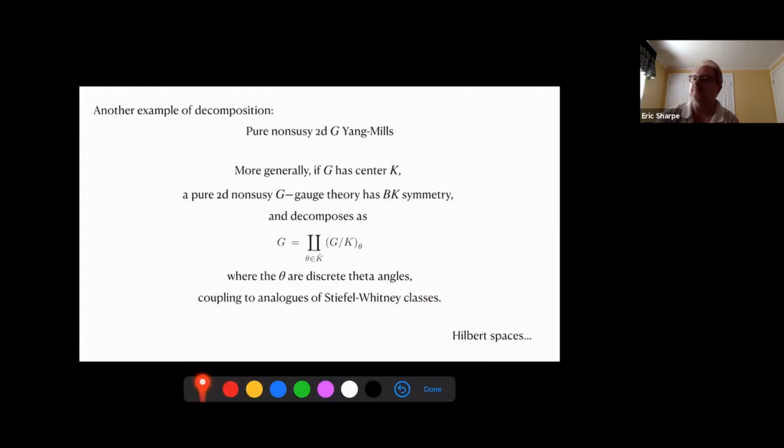More generally, if I have some pure non-supersymmetric two-dimensional G Yang-Mills theory, and G has center K, then one expects a decomposition of the G gauge theory into a sum of G mod K gauge theories, where the thetas are discrete theta angles coupling to analogs of Stiefel-Whitney classes.